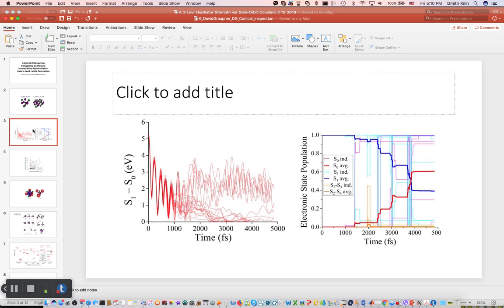It's population. The dark lines are the average. My point is, you might expect this if you have very discrete levels, if the split between levels is very big, which is probably not the case for the clusters you consider.